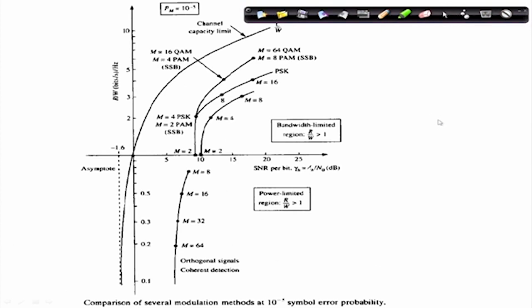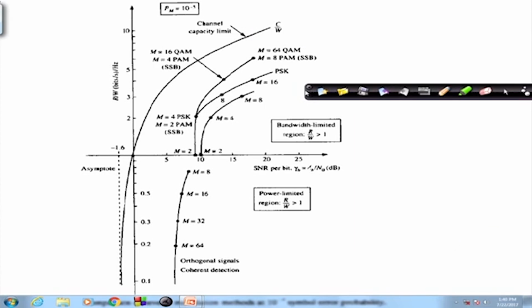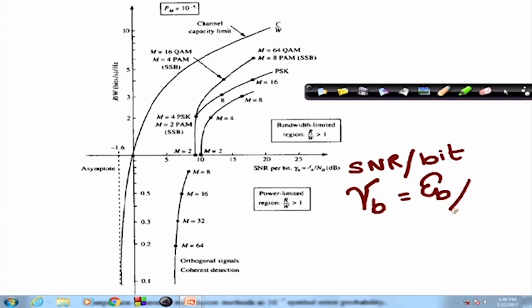So, now what we have with us is a particular famous representation which is usually available in many references. If we look at this particular picture, we have the x axis as SNR per bit, also we have been noting it as gamma_b, which is E_b by N_0, right.